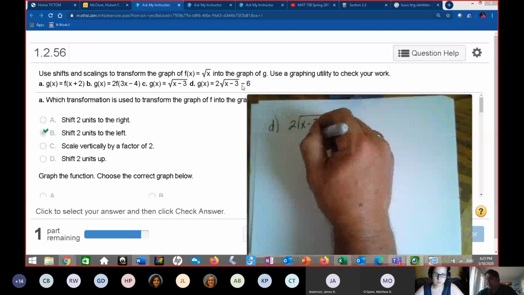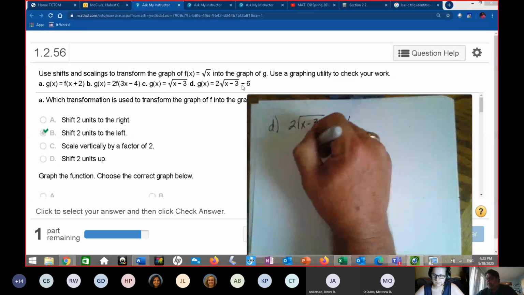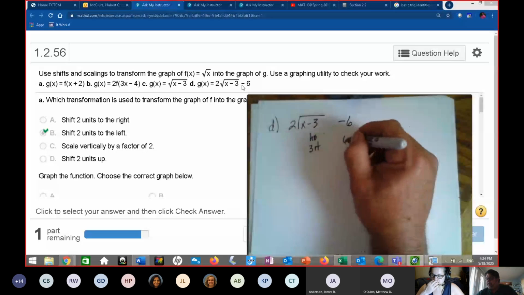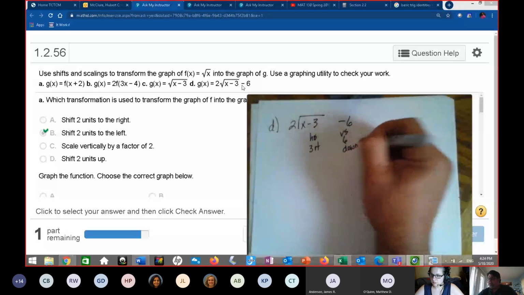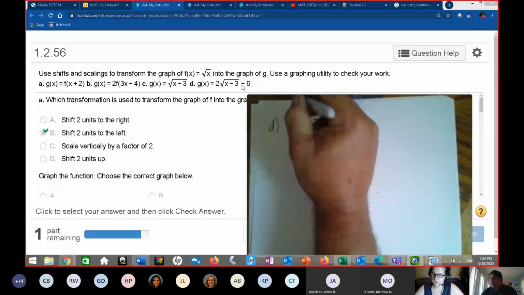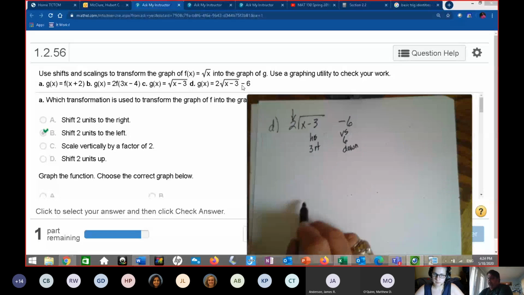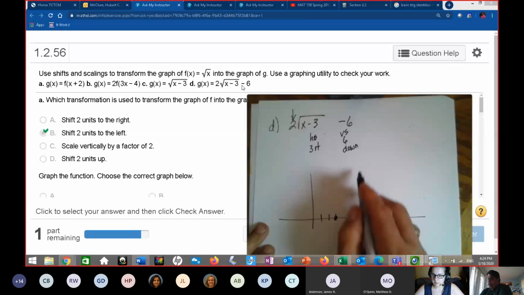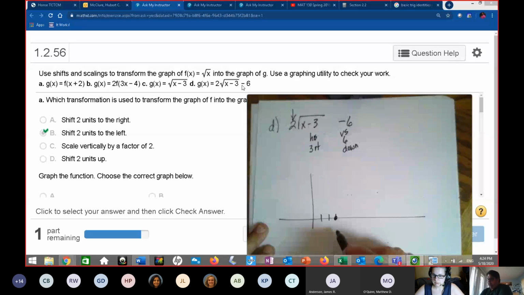That's a horizontal shift of 3 to the right. This is a vertical shift of 6 what? Down. And this is compression. So you've got 3 to the right, 1, 2, 3. 6 down, 1, 2, 3, 4, and it's going to be compressed. It's going to be like that.